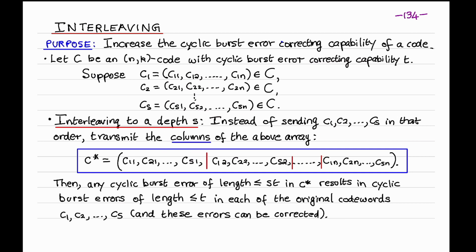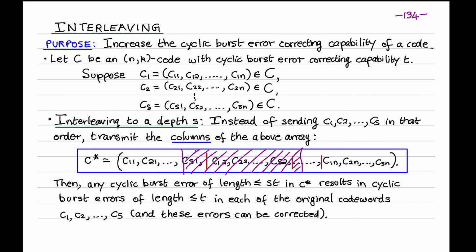Observe now that if any cyclic burst of length at most ST occurs in C star, then this results in cyclic bursts of length at most T in each of the original code words C1 through CS. For example, if the cyclic burst affects these S plus 2 coordinate positions of C star, then the code word C1 is affected in 2 positions, C12 and C13.